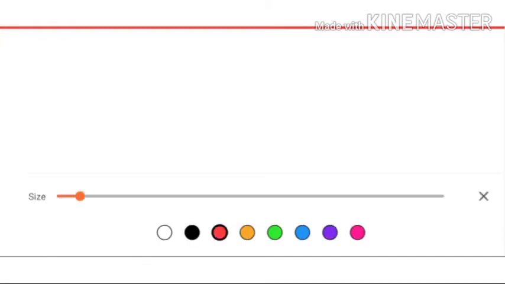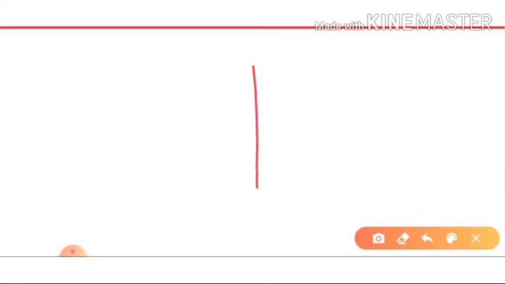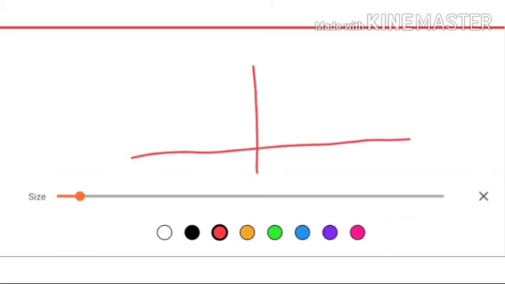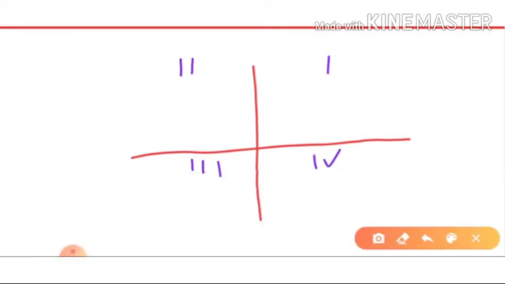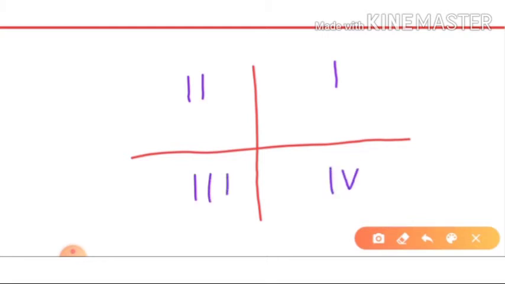For this we have to remember one thing. We have 4 quadrants: this is the 1st quadrant, this is the 2nd quadrant, this is the 3rd quadrant, and this is the 4th quadrant.